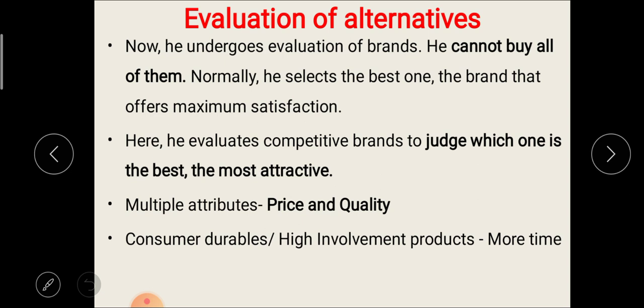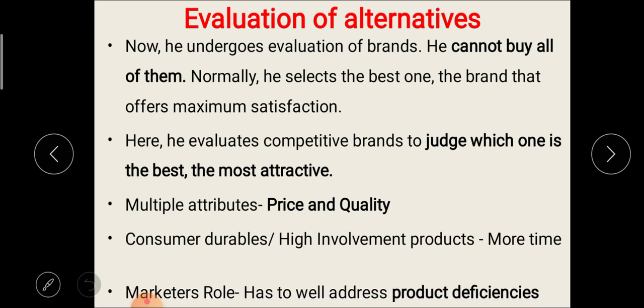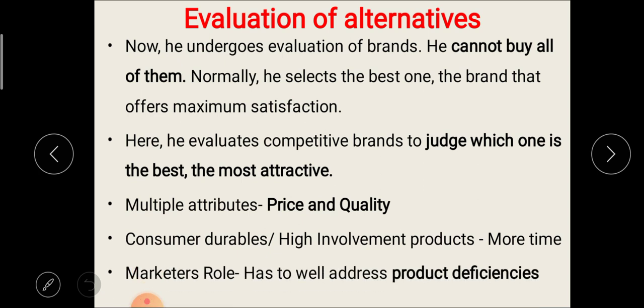Then the consumer also decides whether to purchase a consumer good which is durable, that means long lasting. Also the marketer's role, that means the duty of the marketer in this stage, is to well address product deficiency. That means in this stage the marketer has to pay attention to product deficiency.